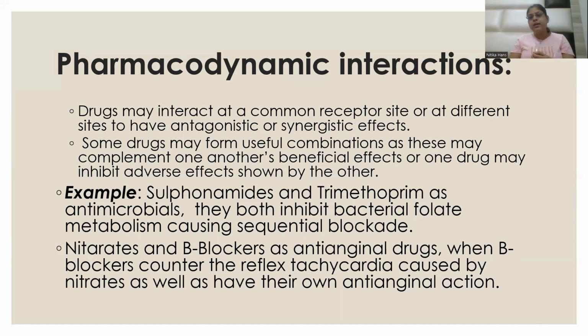So tetrahydrofolic acid is not produced. So DNA synthesis is broken down. That can lead to inhibition of bacterial folate metabolism, leading to sequential blockade. There is sequential blockade by the sulfonamides, like sulfamethoxazole, and trimethoprim.